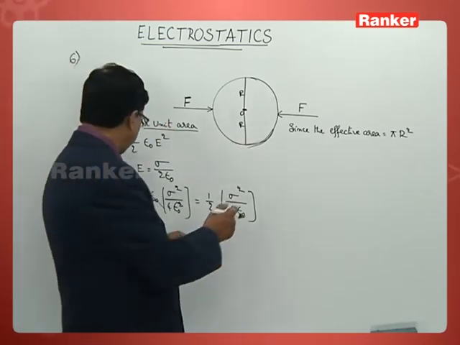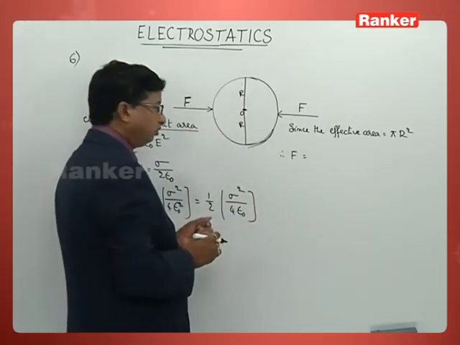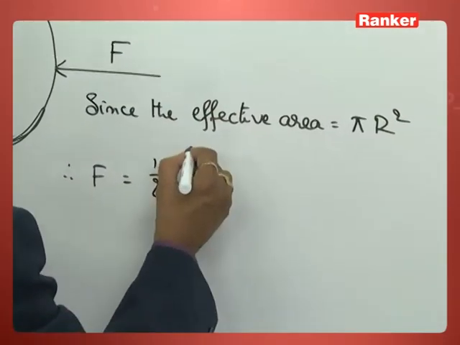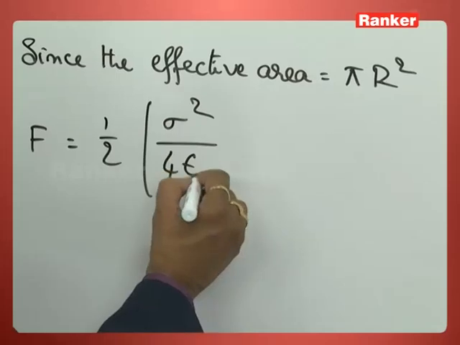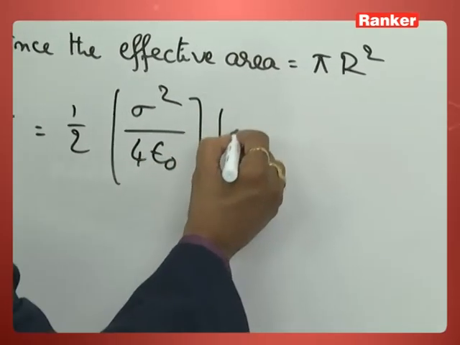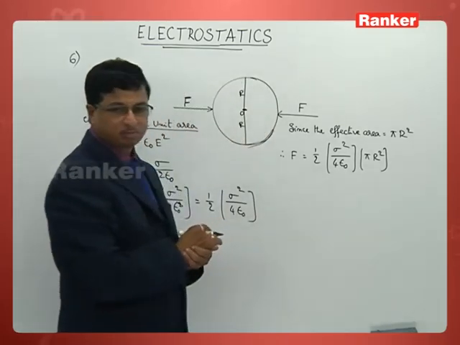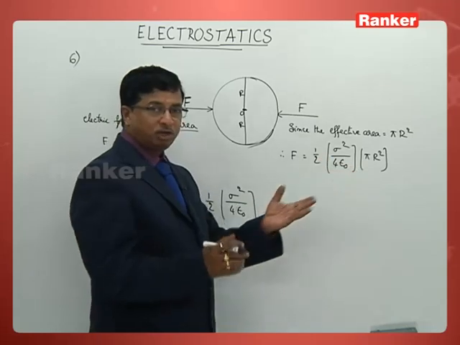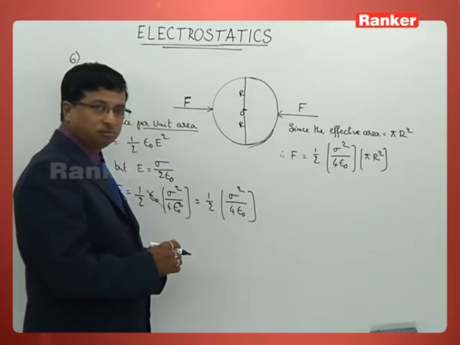So what can we write now? Therefore, what will now become of the force? It is half of sigma square by 4 epsilon naught into pi r square. That is the concept. Why it is pi r square, you can now guess. Per unit area, this is the force.